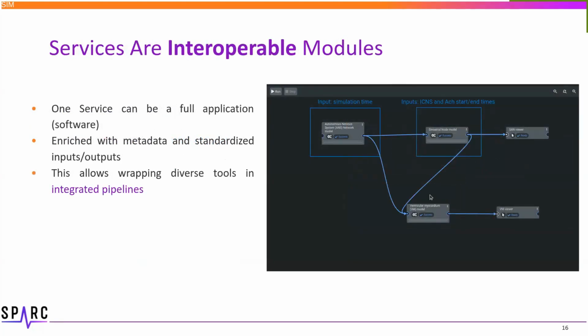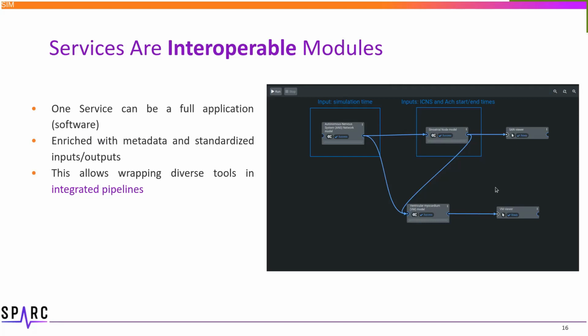And services themselves are interoperable modules. Before we saw only one single service, but one of the greatest things you can do in Spark is building pipelines. Each of these modules, as we saw, has standardized input and output, so you can connect different modules, and a module can be very different things. It can be what we call a computational service, a black box with code that runs, but you can also have full software.